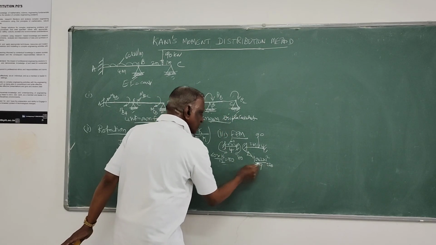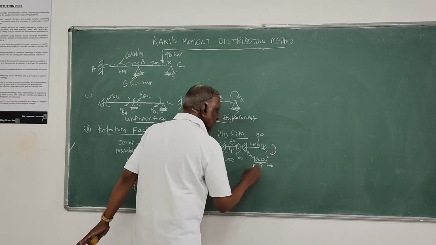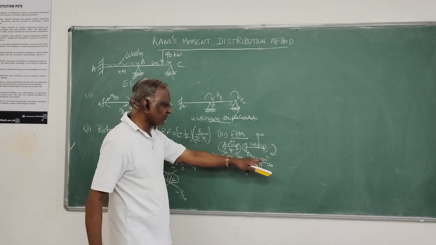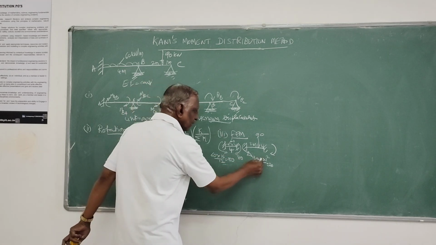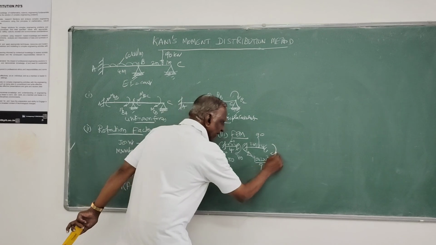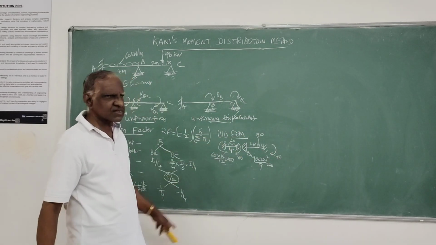So it is minus 20 because it is anti-clockwise. Here it is W B A squared, that is 90 into 4 by 9, that is 4 into 10, 40. Which is clockwise, plus 40.